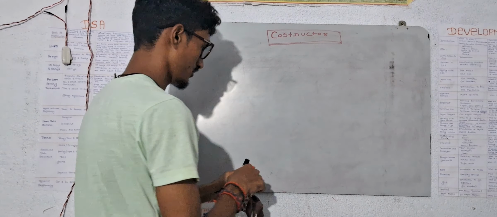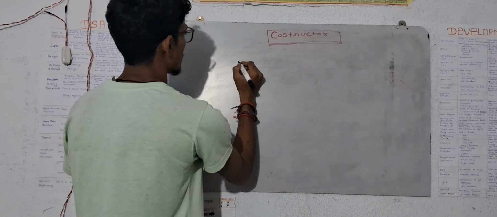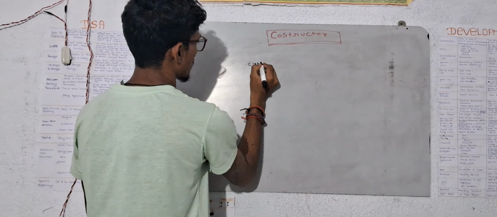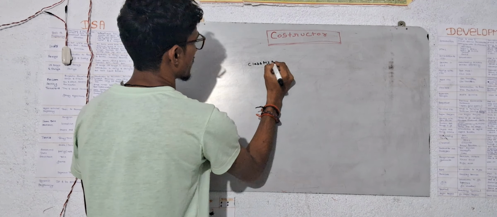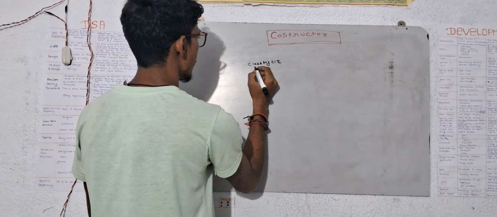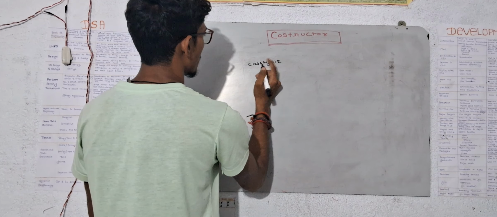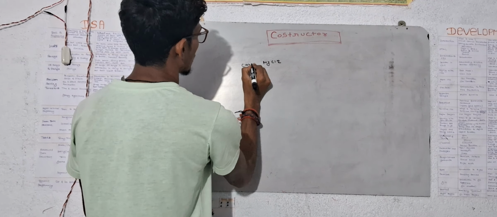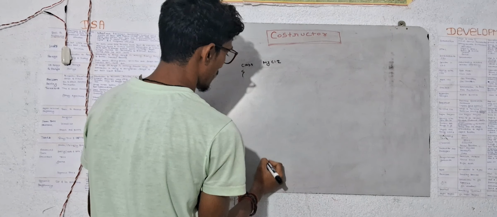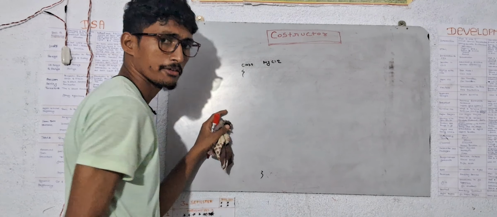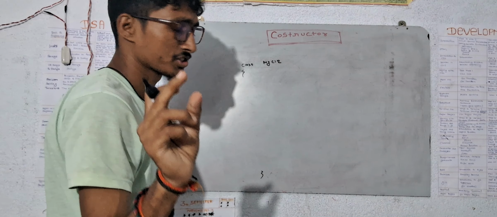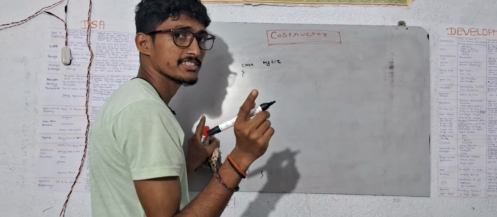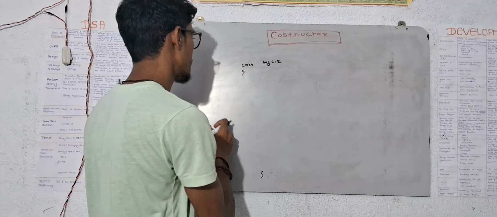So first we will write your second class mycl2. Here we will create two constructors. First is one parameterized constructor and second one is non-parameterized constructor.